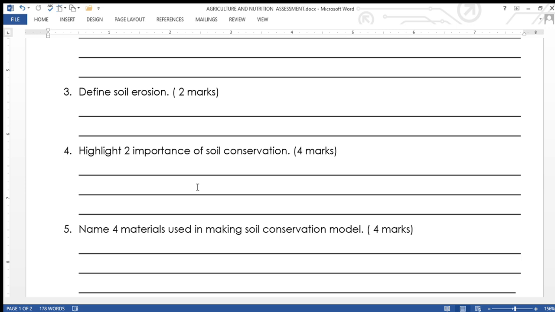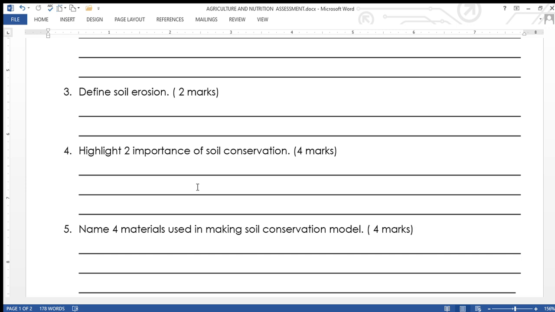How many marks? 4 marks. So here, remember you have been told to highlight how many? 2. So if you highlight 1, you will get 2 marks. If you write 2, you get 4 marks. So each point you get 2 marks. Are we together?